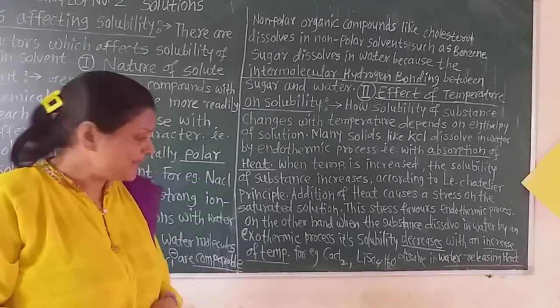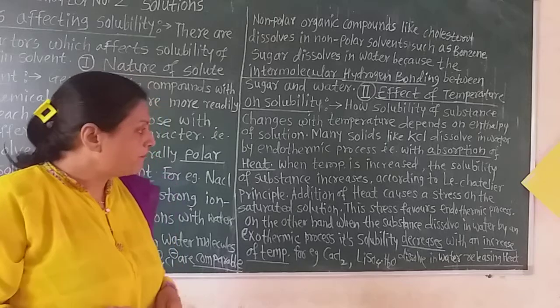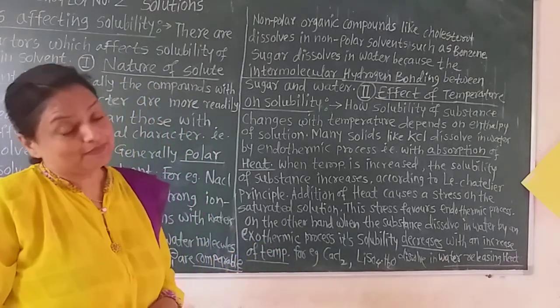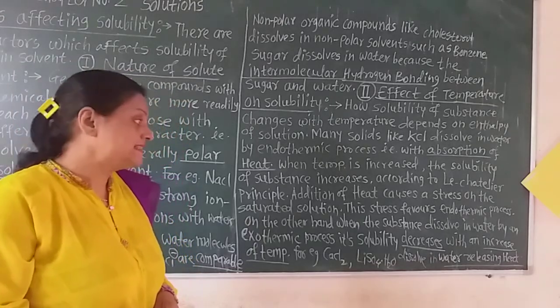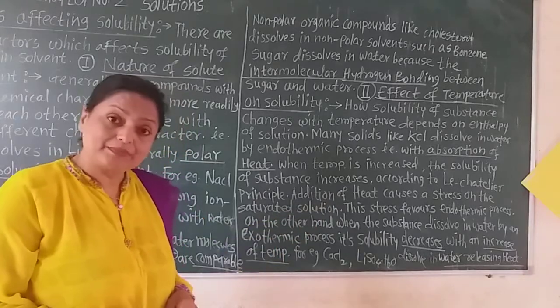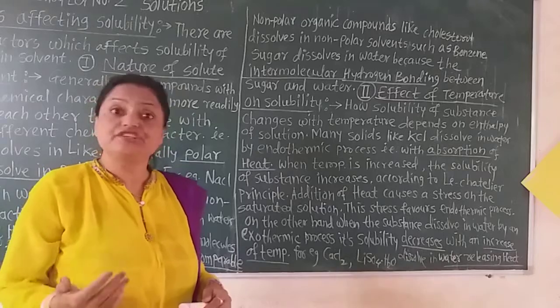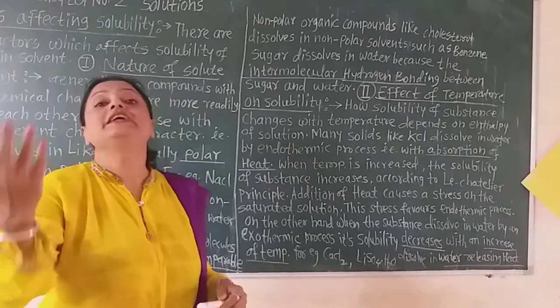On the other hand, some substances dissolve in water by an exothermic process, that is, their solubility decreases with an increase in temperature. That means as the temperature increases, solubility decreases, but as temperature decreases, their solubility increases.